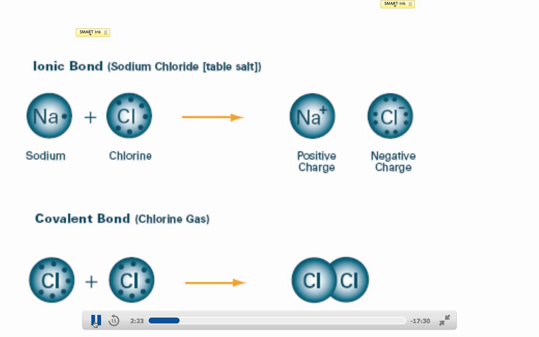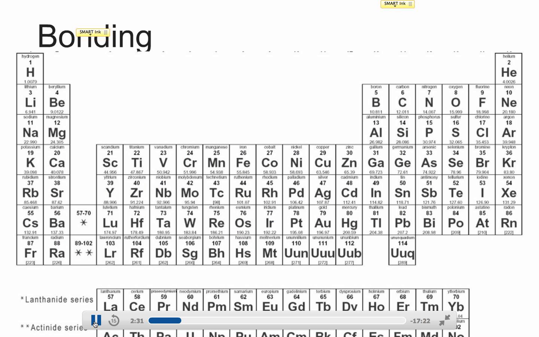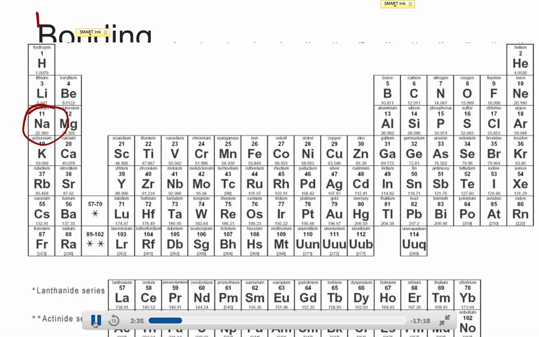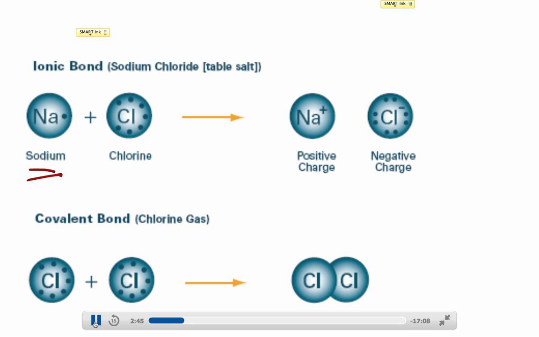So the first type of reaction we looked at just a little bit in the last chapter was a bond like this, where you have sodium, which, as we've seen before, is right here. It's in the first column, so it tends to lose 1 electron, especially if it's bonding to a halogen over here that has 7, and tends to gain 1 electron to get a noble gas electron configuration.